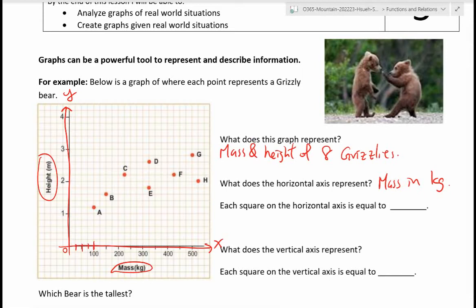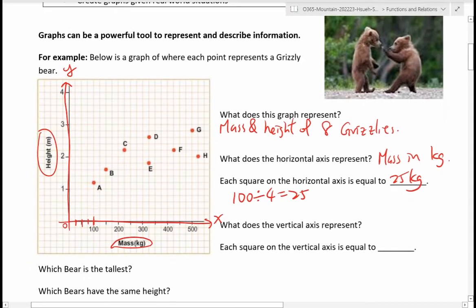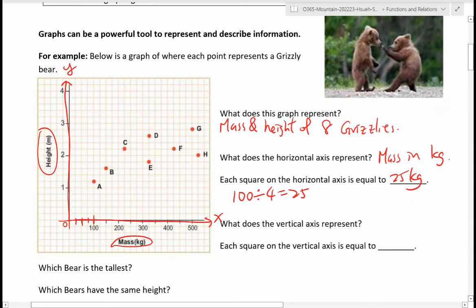And that goes from 0 to 100, so each box is worth 100 divided by 4, which is 25 kilograms, because there are 4 squares between 0 and 100.